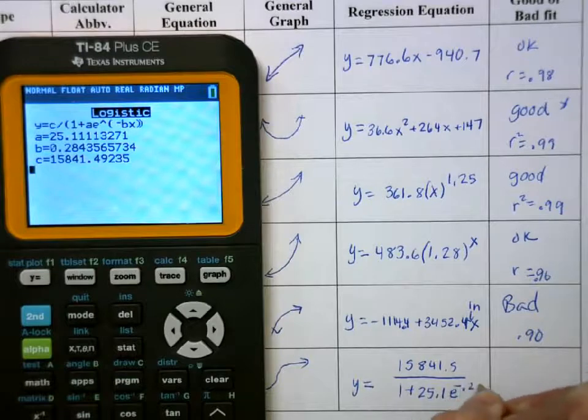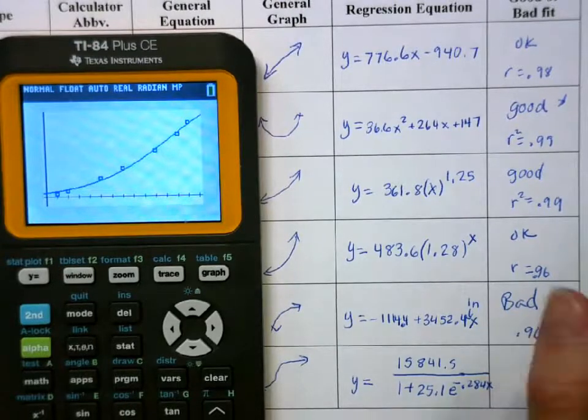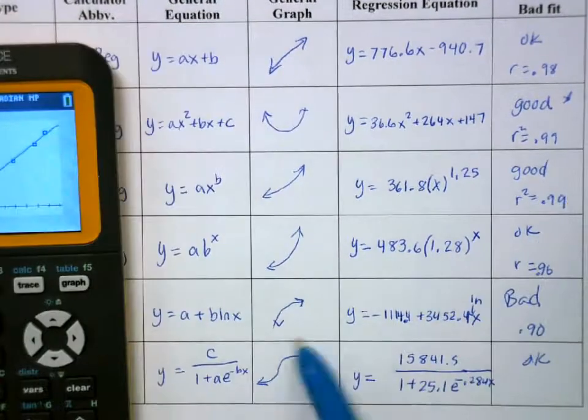If we go to our graph, it's okay, but we know logistic is going to start leveling off, and it doesn't really look like this data is doing that. Okay, so which one?